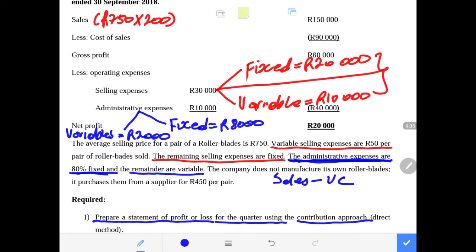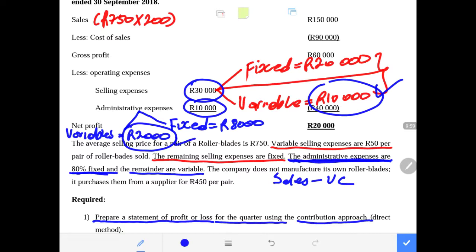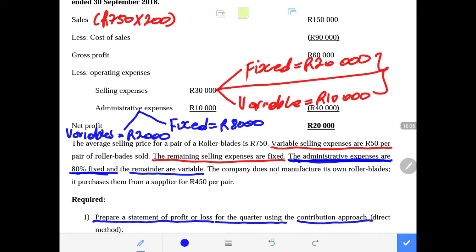So it was very necessary for us to extract the portion that is variable out of the 10,000 and out of that 30,000, which is 10,000. So that when we say sales minus variable cost, we are able to take into account the 10,000 that is variable selling expense and the 2,000 administrative expense that is variable. It was very necessary for us to analyze that information.